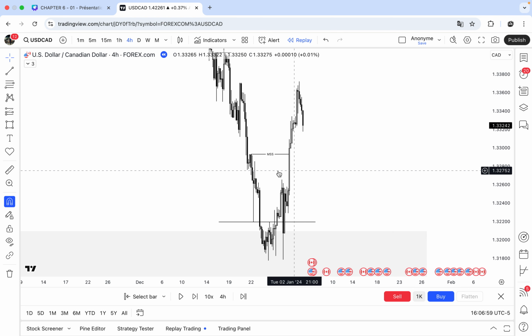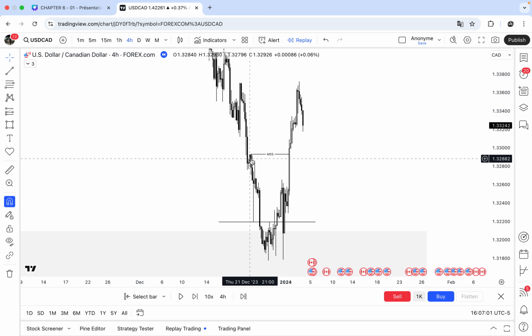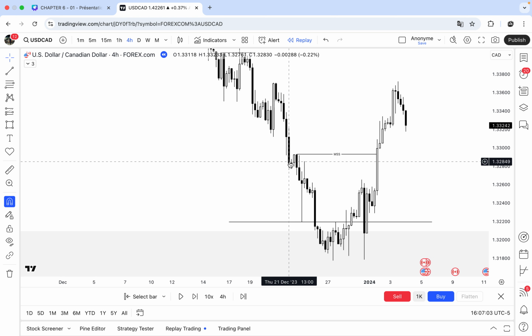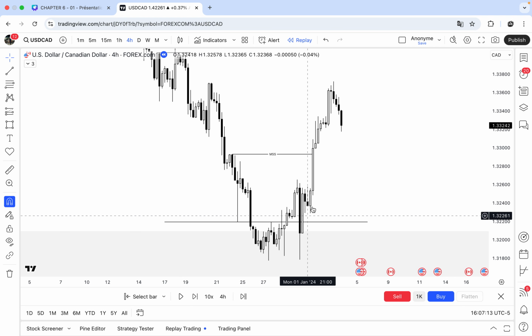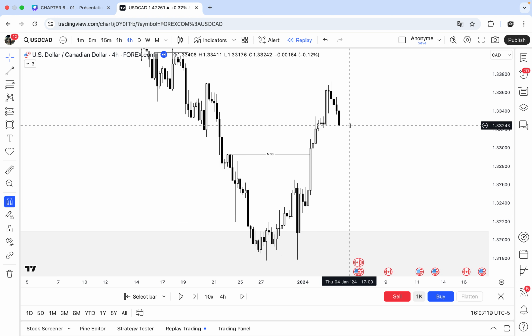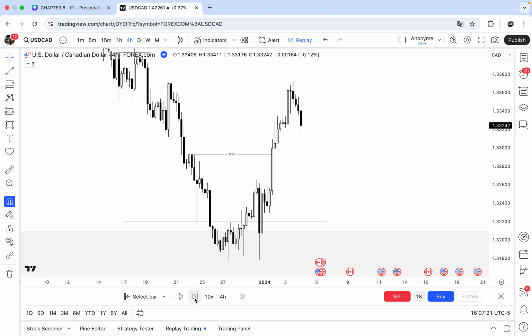Because look, this is a small retracement right there inside the key level. As you see, a small fair value gap, retracement into the fair value gap. This is the last high that broke the last low, and we break it. So now market structure is bullish. All right.